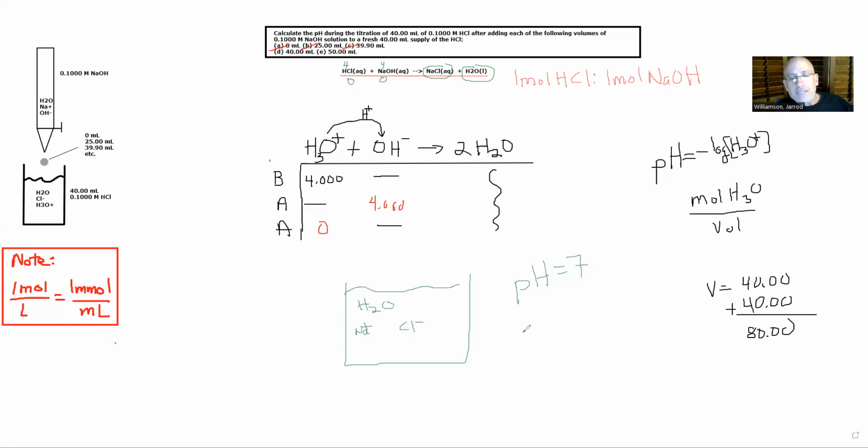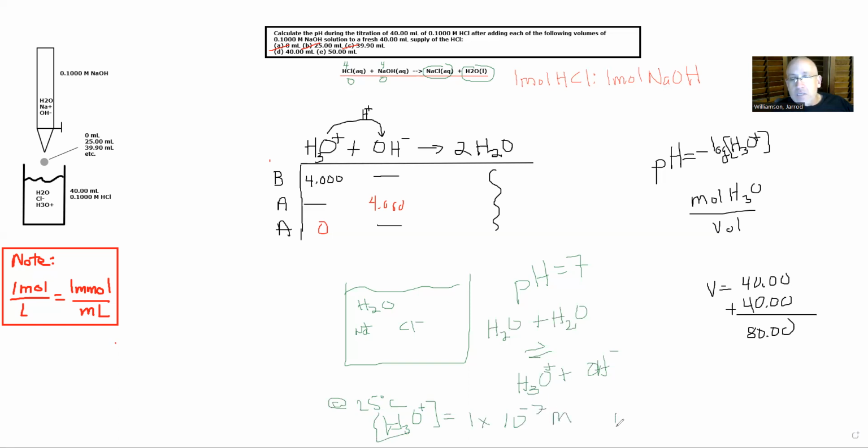You need to know this for the test. The pH will be 7 because all that's going on in here is water reacting with water in equilibrium to make hydronium ion plus hydroxide ion. And at 25 degrees Celsius, the hydronium ion concentration is 1.0 times 10 to the minus 7 molarity.